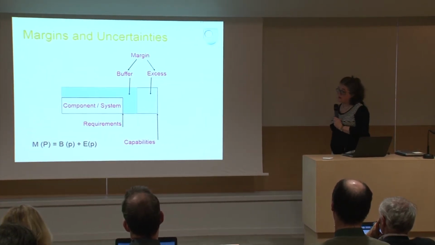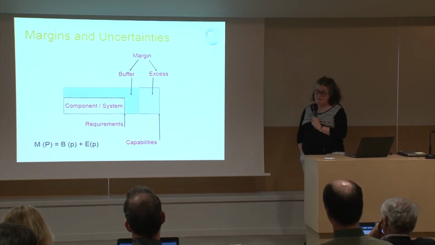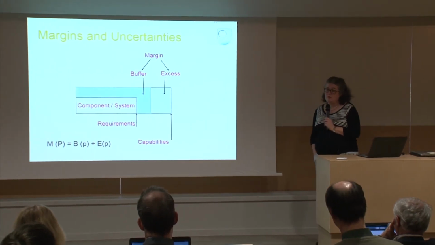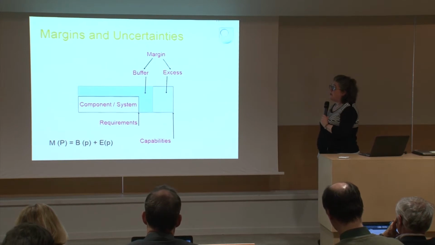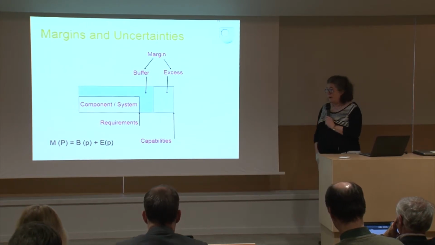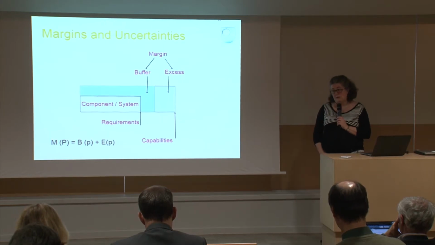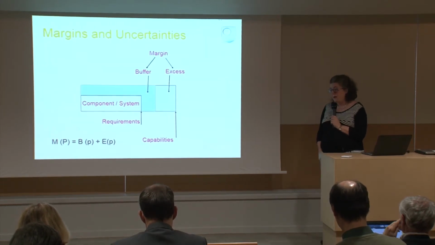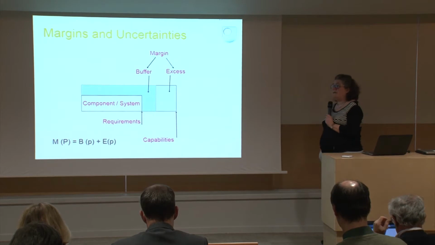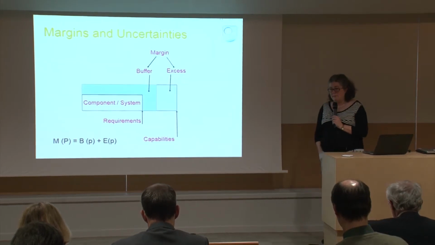And then we realized that we actually have to split the margins into two different components. And I think that is very important. One part of it is a buffer that deals with all the uncertainties that the component might be part of. And some of it is a genuine excess.